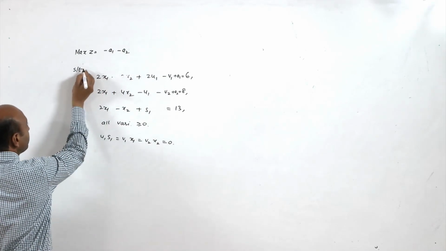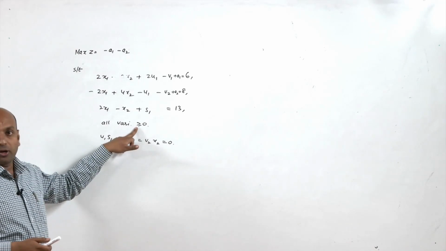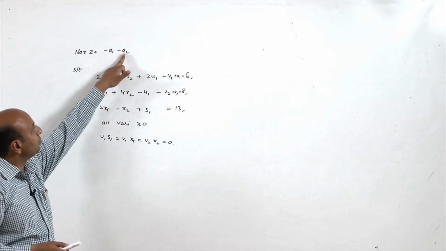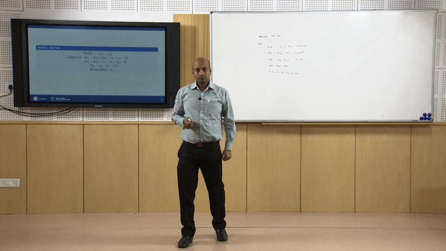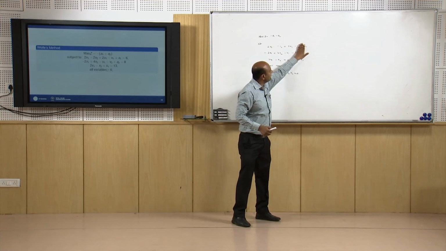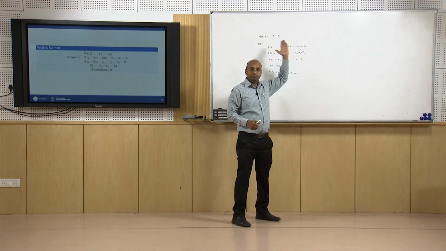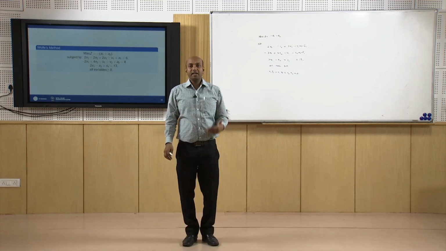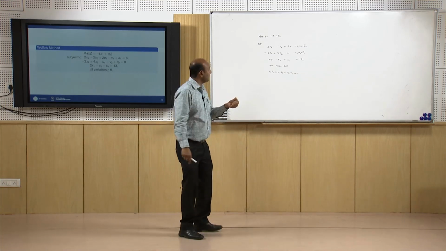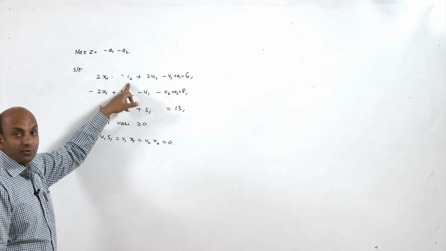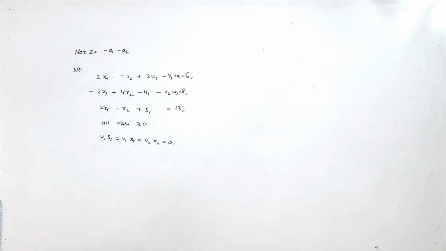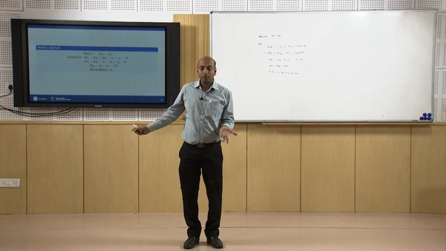Why this? Because A1 and A2 are both non-negative, so it will be maximum only when both are 0, and as soon as both are 0, we get back to our original problem. What we basically need is a point x1, x2 that satisfies all these conditions and globally minimizes our problem; that will be the optimal solution.